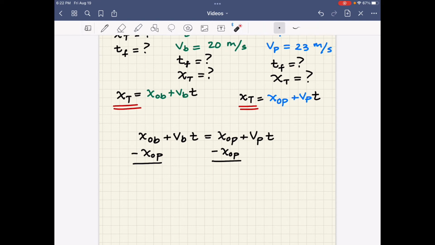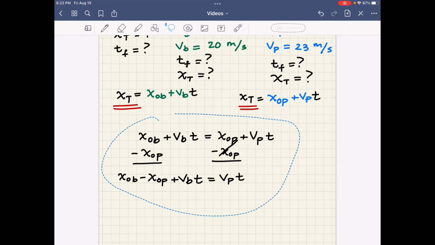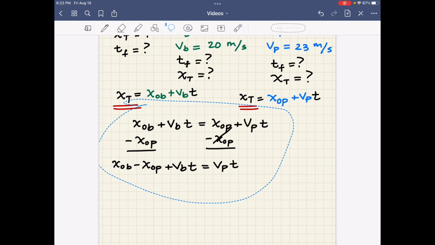So then this cancels. So I have x naught boat minus x naught police plus velocity of the boat t equals velocity of the police t.